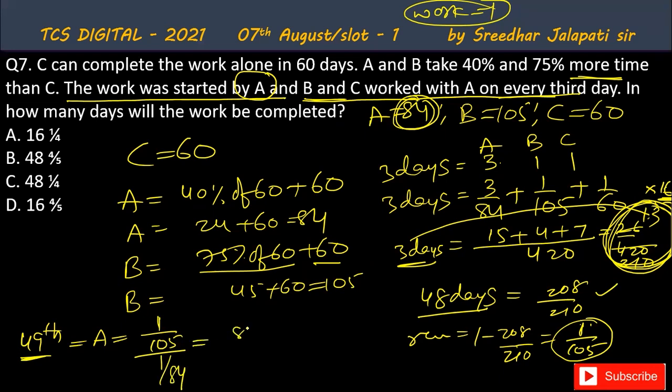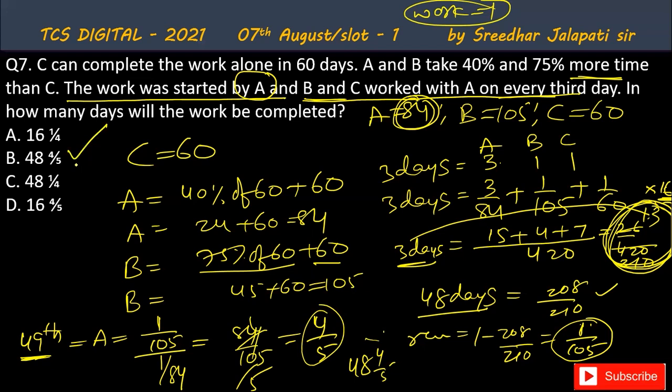So that becomes 84 by 105, which is 4 by 5. That is 4/5 of a day, on the 49th day. So that means 48 4 by 5 days they take. That is option B. They take 48 4 by 5 days. Okay, right.